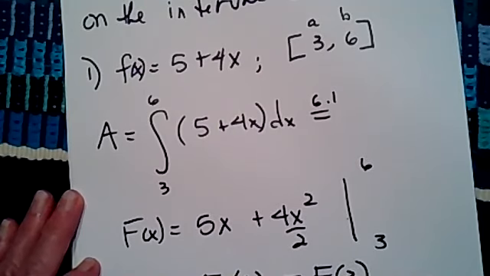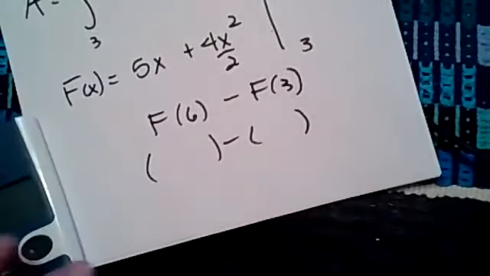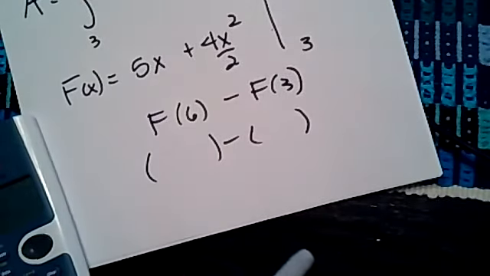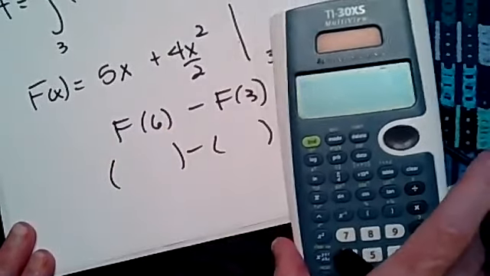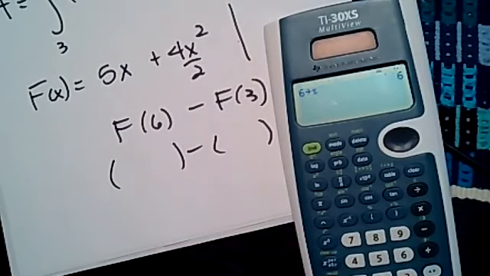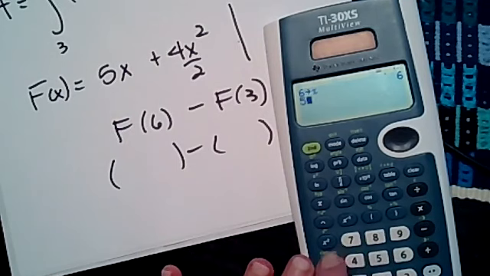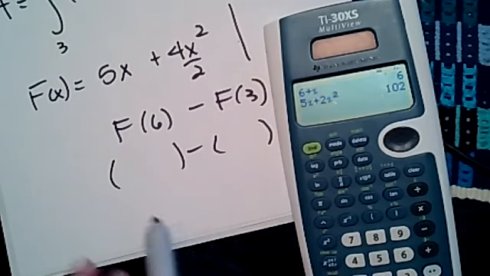As we discussed this morning, if you don't have a calculator, you can just put in 5 times 6 plus 4 times 6 squared over 2 minus the same at 3. But I'm going to use the calculator. I plug 6 in, store it for x and enter, typing my antiderivative 5x plus 2x squared, and get 102.